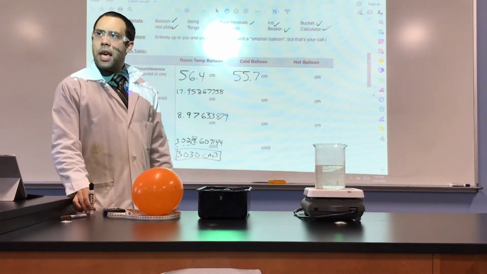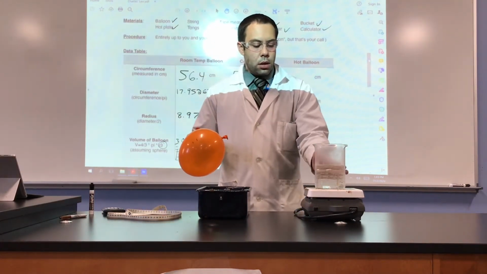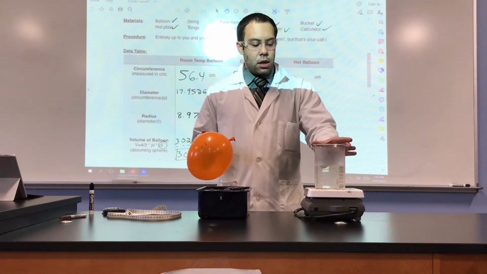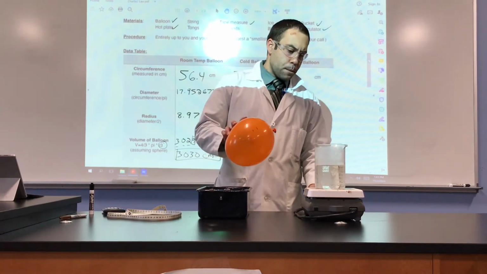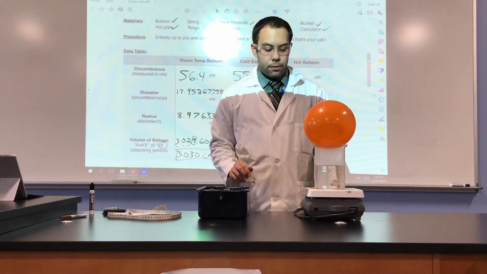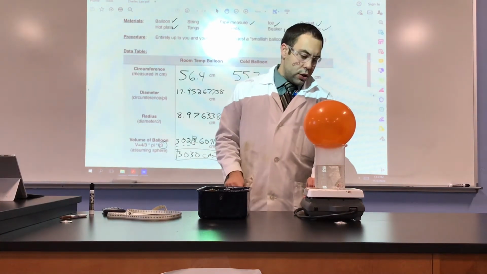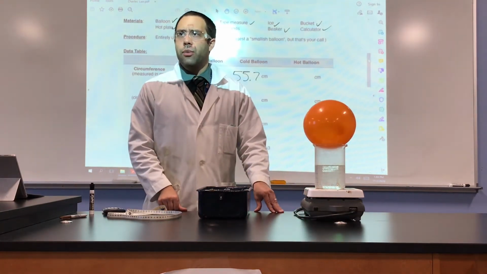Now we'll do the same thing. We'll put the balloon this time on the hot water bath, the beaker with the hot water. It's not boiling yet, but that's okay. So we'll put it on the hot water bath, and then it should start to boil as time goes on. So every 30 seconds, we will rotate it.